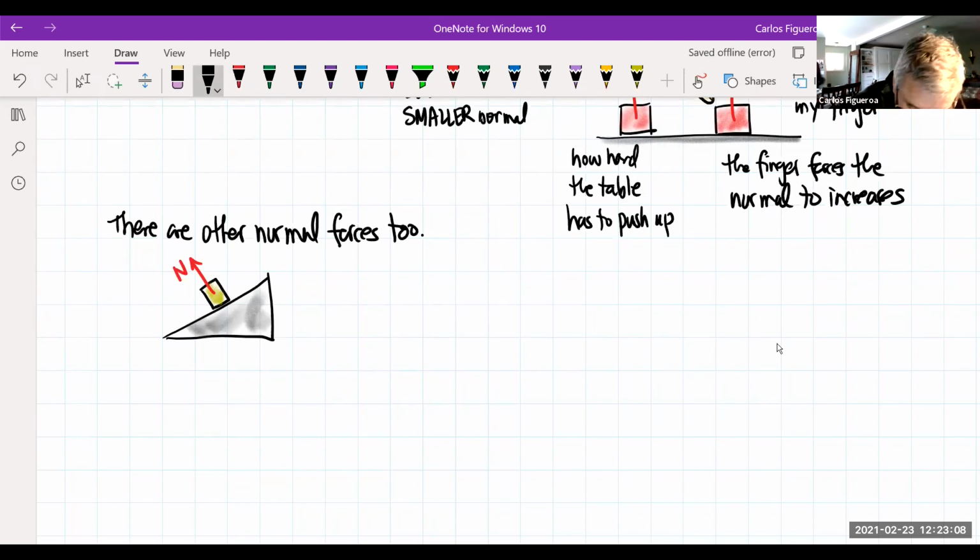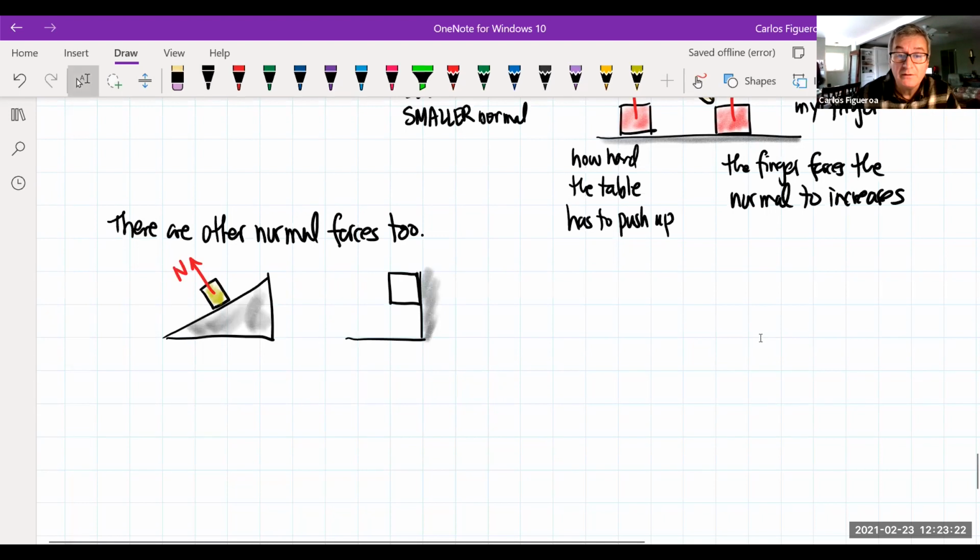What about if I have a vertical wall? If I put that block on this vertical wall and I'm pushing on the block, then that wall has to push in this direction, perpendicular to the surface.